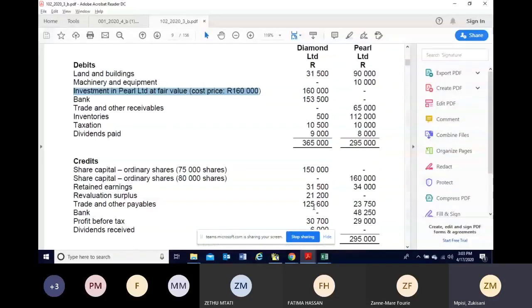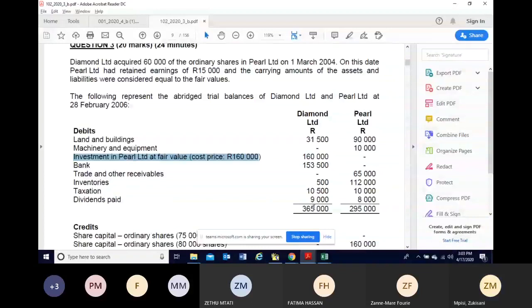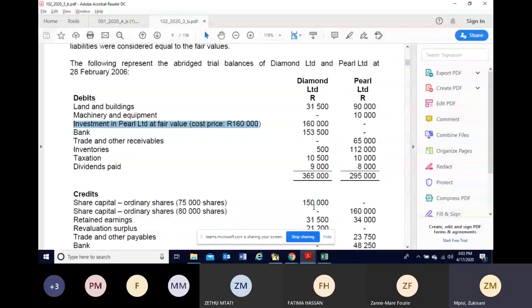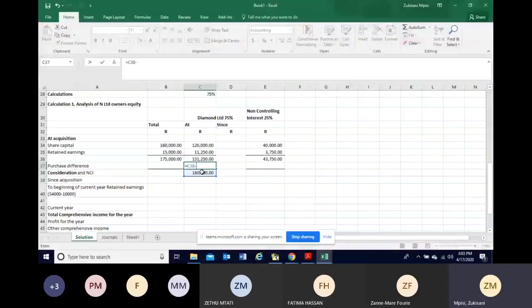Are they telling us the policy of the non-controlling interest? No, they do not tell us. So one can safely assume that this difference here is called the purchase difference.